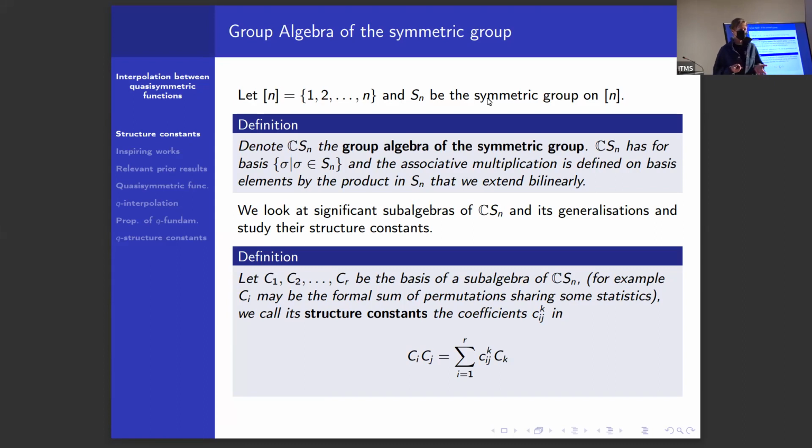Then we look at some reasonable subalgebras of this group algebra. Given basis elements C1, C2, etc., CR of such a subalgebra, they can be formal sums of permutations sharing some statistics. The structure constants are simply the coefficients that appear in the multiplication table.